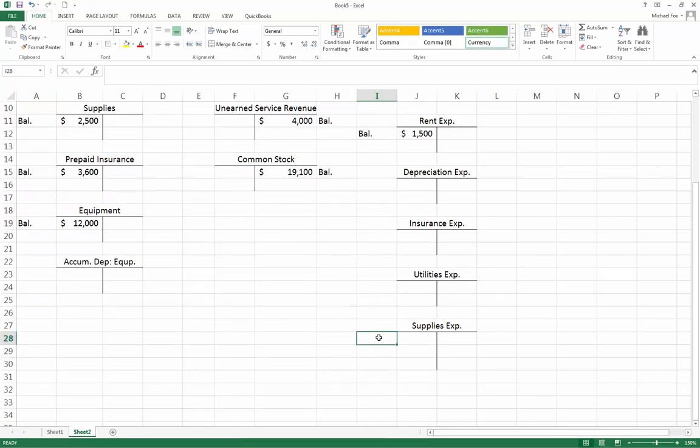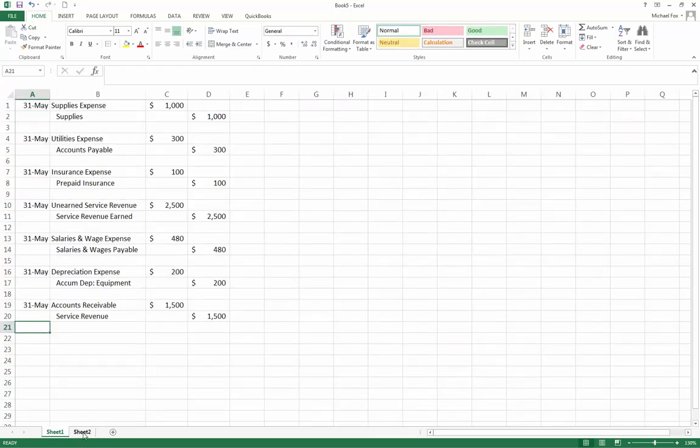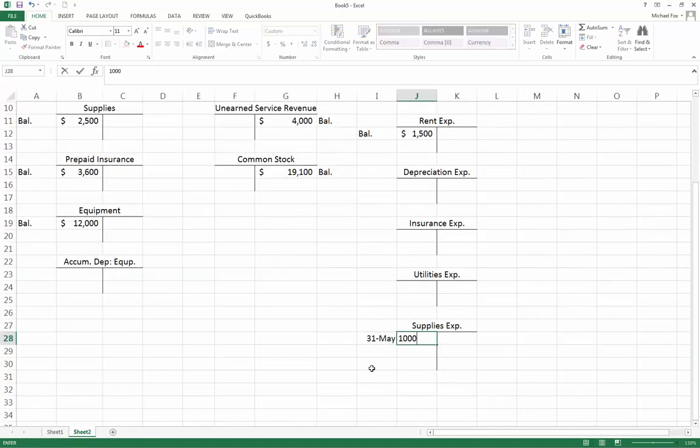All right, sorry about that. So on 31 May, we had a supply expense of $1,000 debit, and we credited our supplies account $1,000.